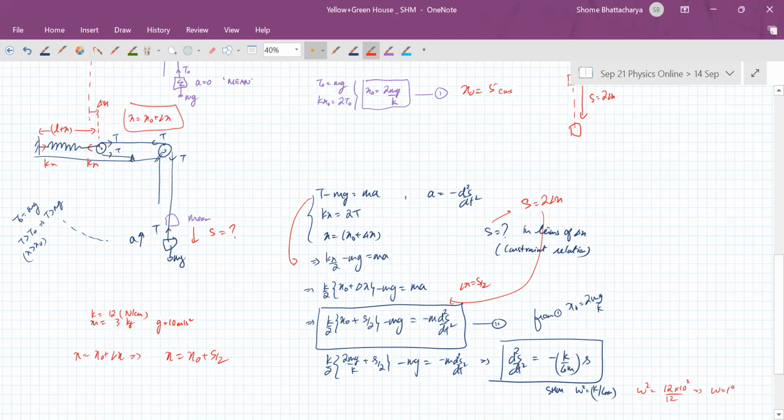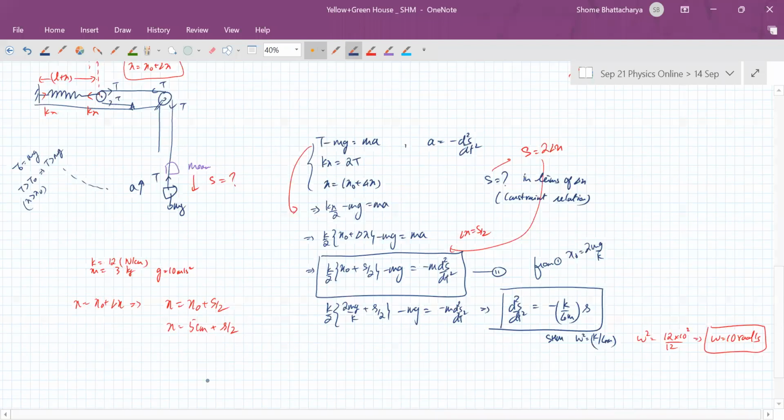So omega will be 10 radians per second. So these are two additional things. So x is equal to 5 centimeters plus s by 2.